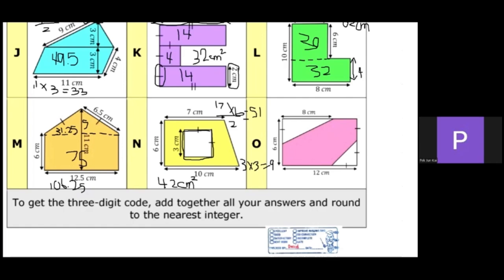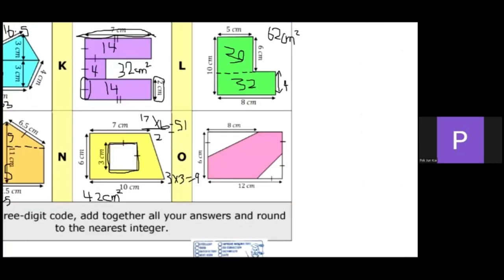Next, there are 2 empty spaces in this rectangle here. We first calculate the whole area of the rectangle, which would be 12 cm times 6 cm. We would get 72.